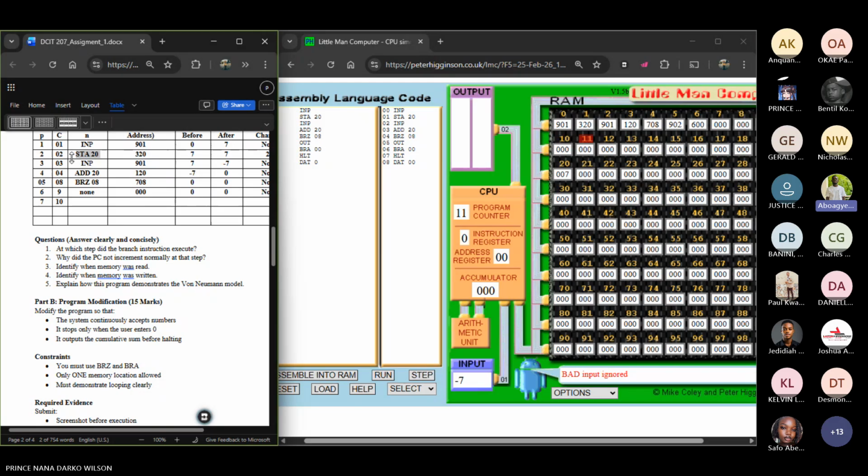Is it add 20? Okay, so he says at the add step, data was read. What this means is that the central processing unit sends a command, and then the memory address register indicates a particular address, 20.